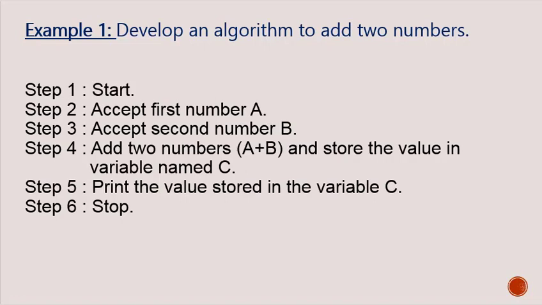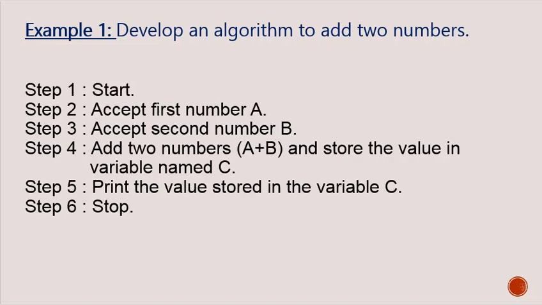If we look into this example, we can see that each and every step should be clearly defined and the logic is very clear. In addition, we have to accept two numbers.